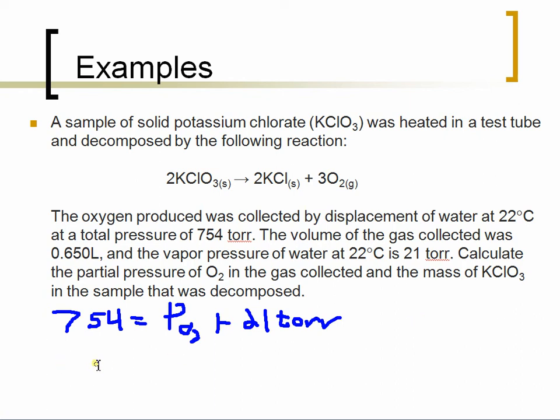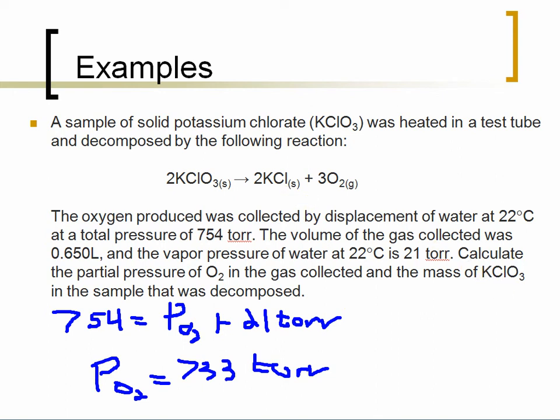You'll get the pressure of oxygen to be, using some simple math, 733 torr. So we find out the pressure being exerted by the oxygen, and the pressure of the water was already given to us by a table. So that was pretty easy for the first part.